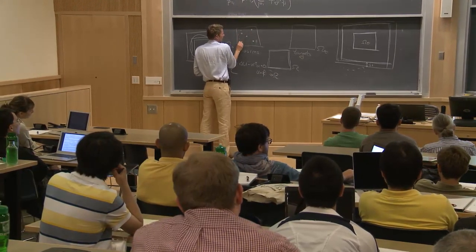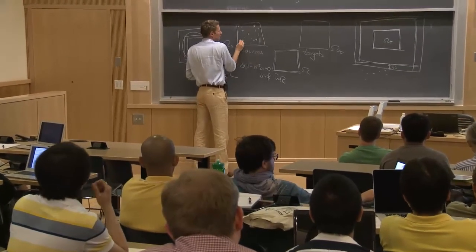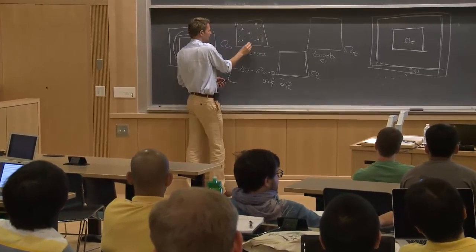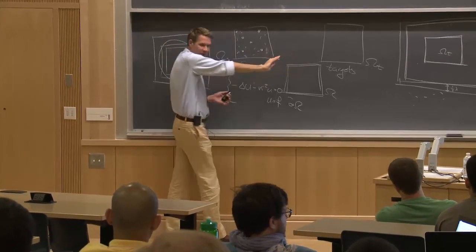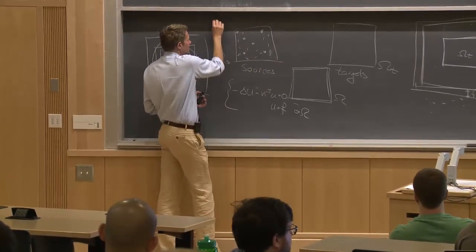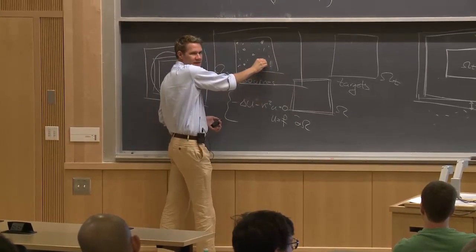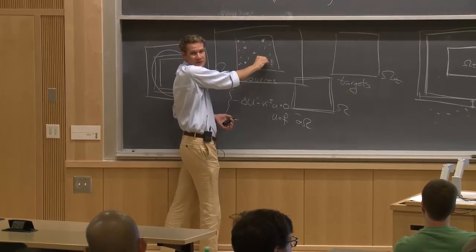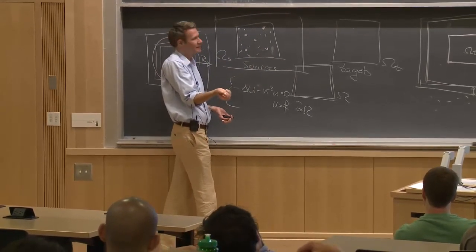I start with a lot of points. I do an ID, and only a few of them survive. And then I know everything about the potential in the far field, because the potential out here is just the potential induced by point sources. In Helmholtz, the fundamental solution is different, but otherwise it works exactly the same.